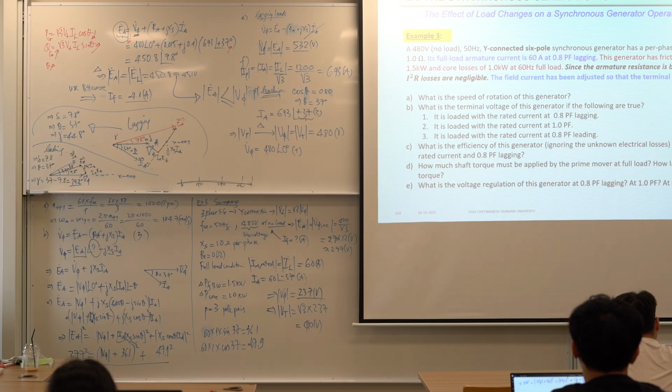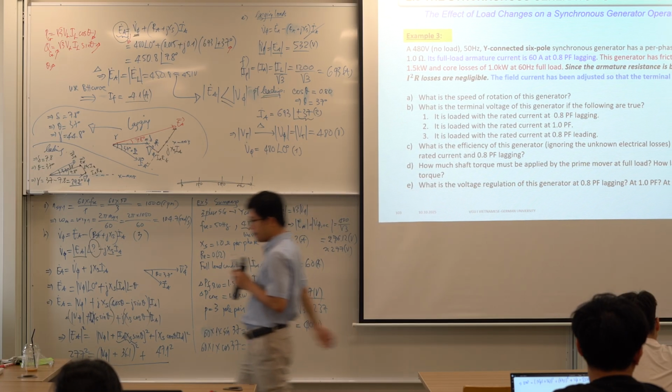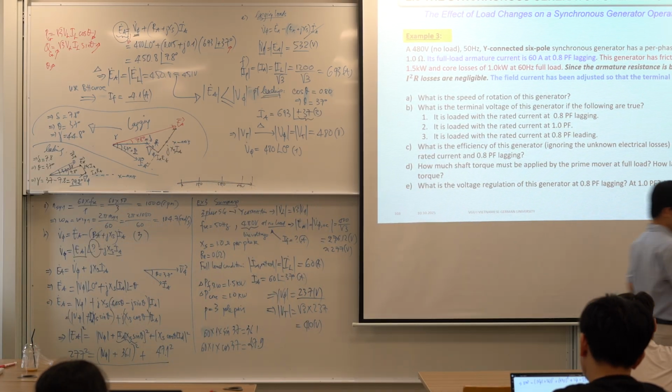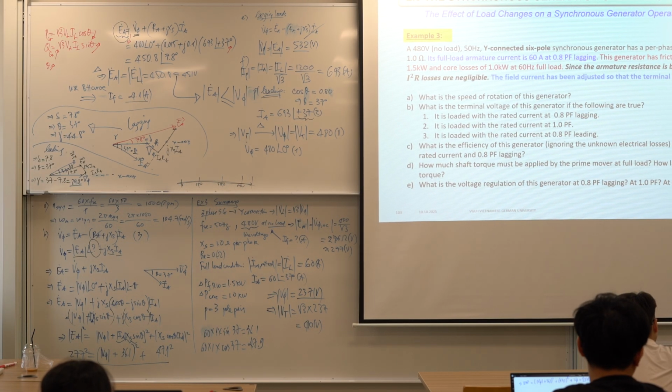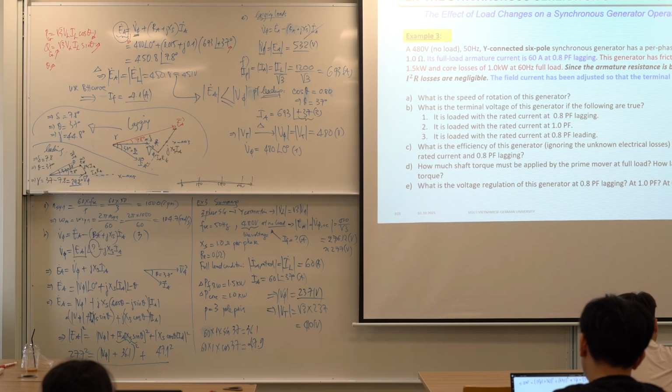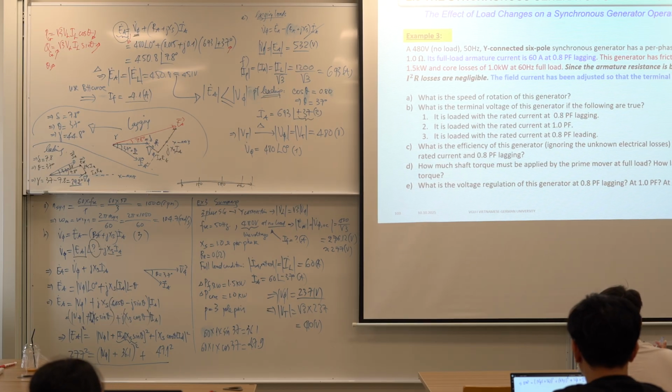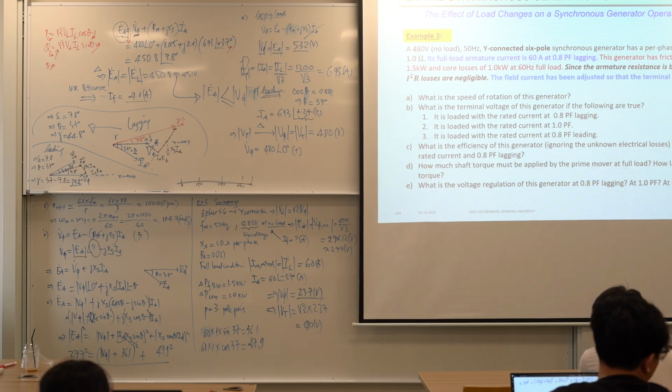Okay, so we will need to modify it a little bit. Yeah, it's wrong. So we need to move EA here. So that means we have EA is V phase with the phase angle 0 plus j XS IA.